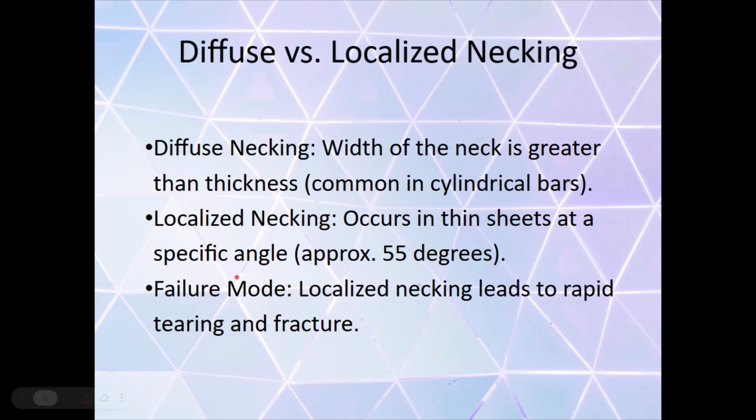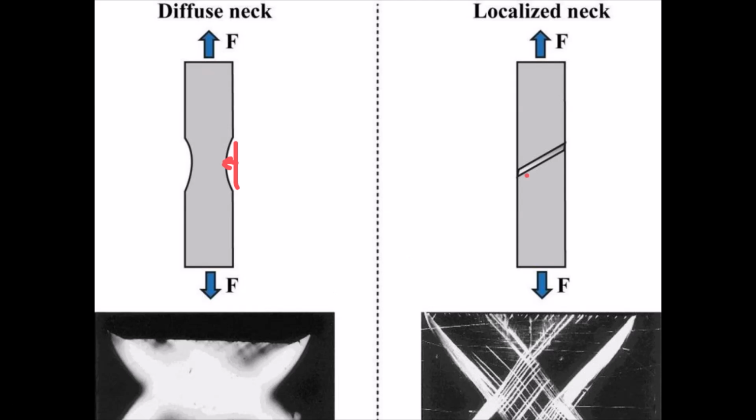Localized necking occurs in thin sheets at a specific angle, approximately 55 degrees. It occurs only in thin sheets, as the thickness is very, very small and is not considered, but the neck occurs across the width of the specimen.